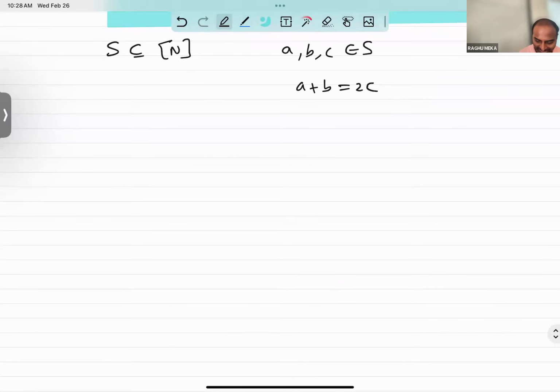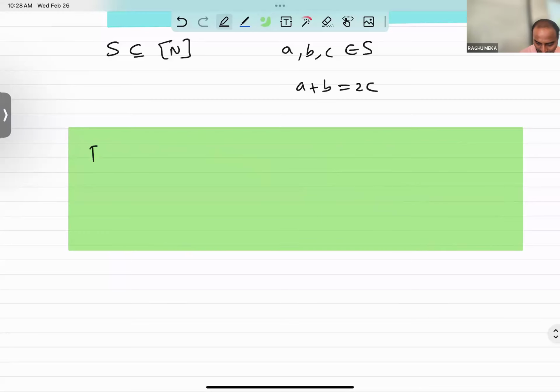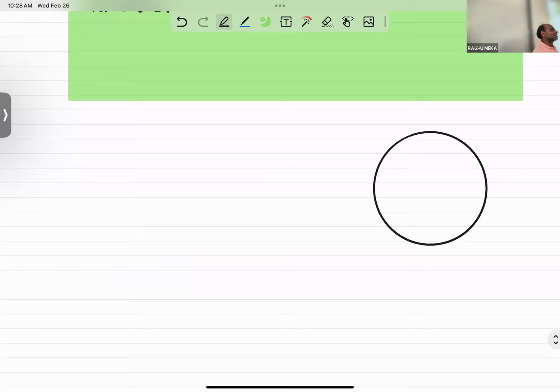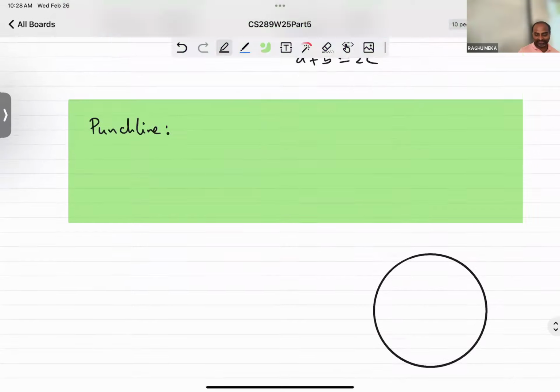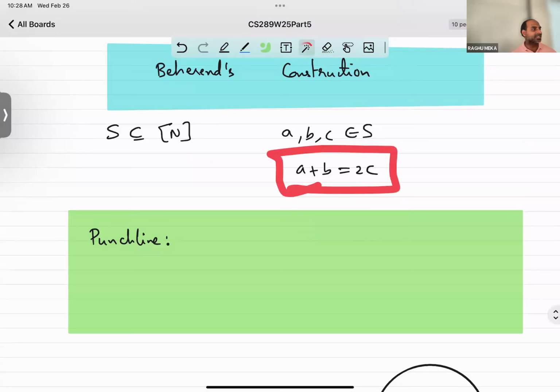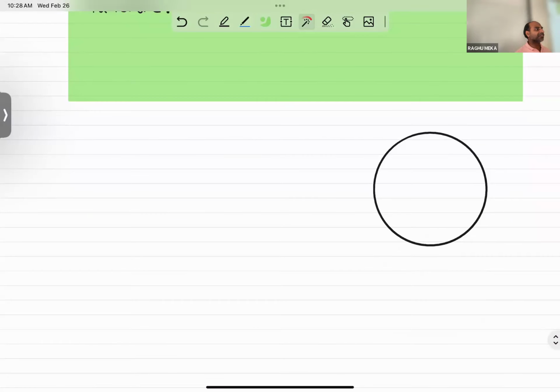And the punchline for Behrend's construction really is the following geometric fact. Right. And okay, so if I take a sphere, right? So we were talking about integers and so on. Let's talk about just points. We have just arithmetic, right? I can ask this equation for vectors also. Okay. So let's say I tell you, find a set on, let's say R2, which has no solutions to a plus b equals 2c.